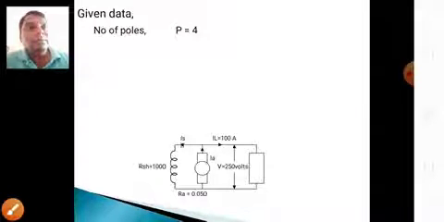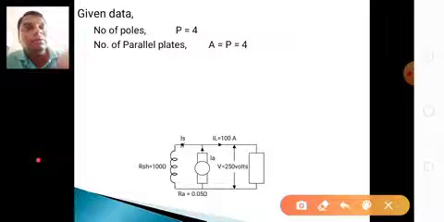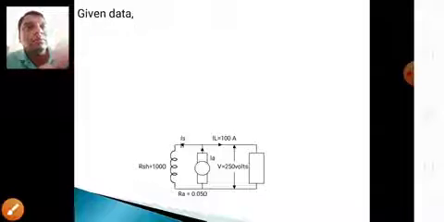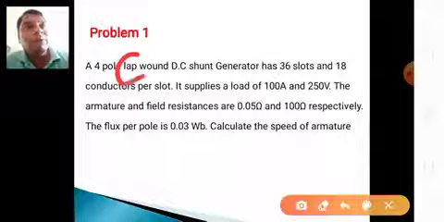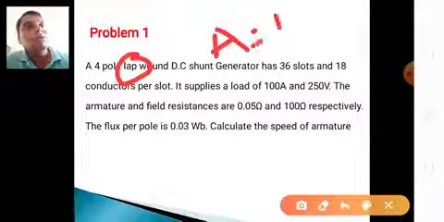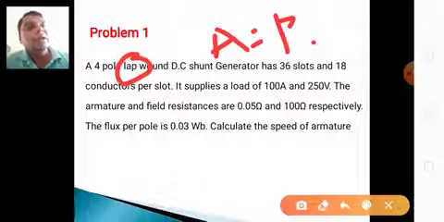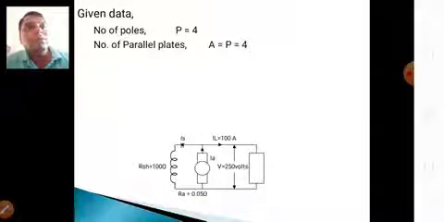So here the given data: P equal to 4, and the number of parallel paths A. Here it is a 4-pole lap winding, so A, the number of parallel paths, equals P in lap winding. So P equal to 4, and A equal to P equal to 4, right?